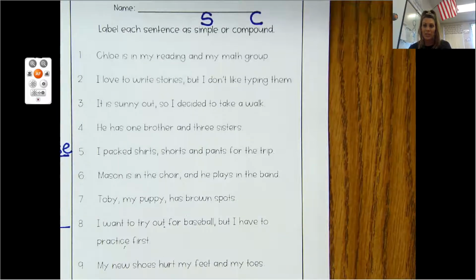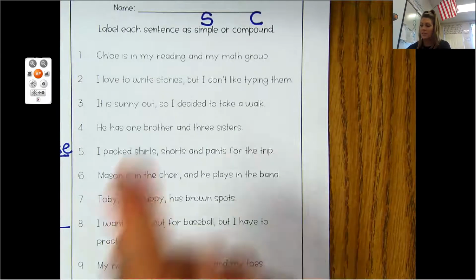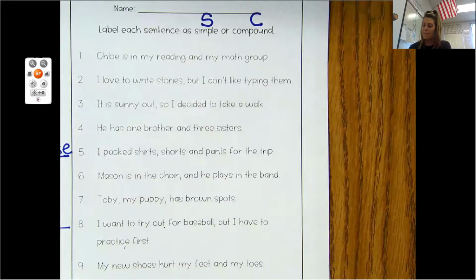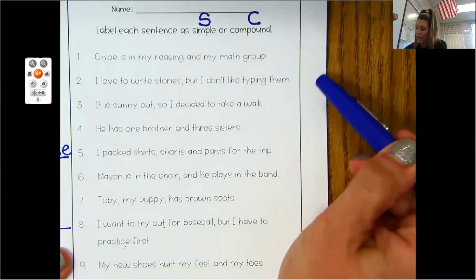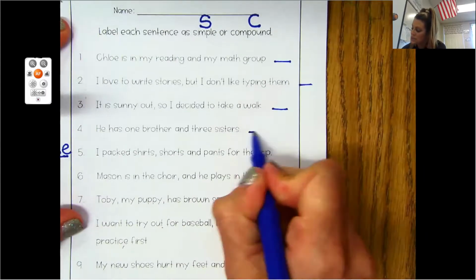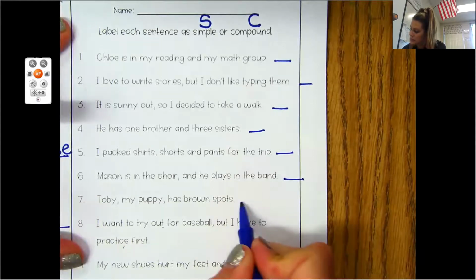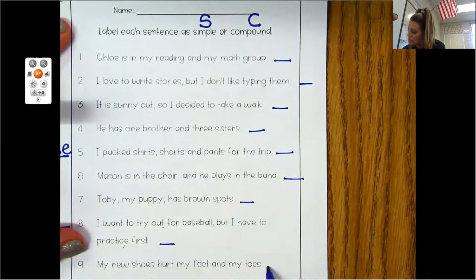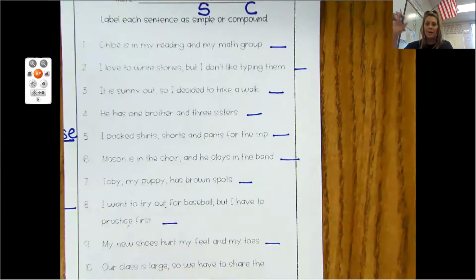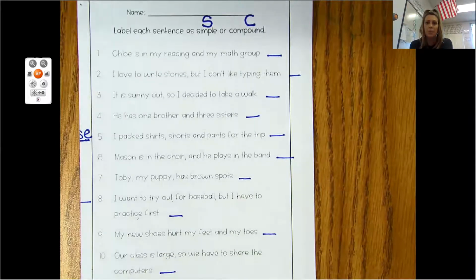You are reading each sentence and deciding if it is either S for simple or C for compound. And you can just write it after each sentence. Okay, guys? So hopefully by the end of this, you will be simple and compound sentence experts.